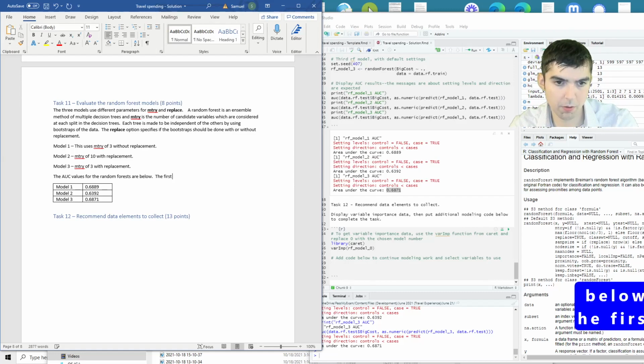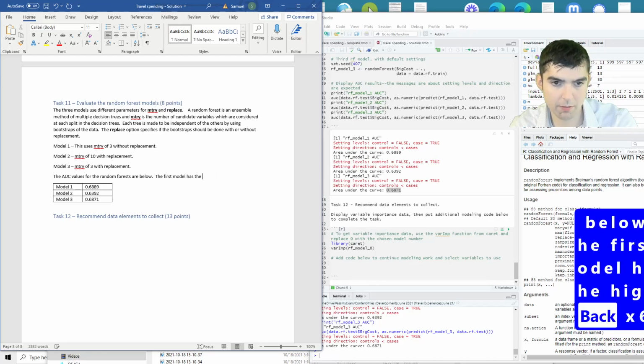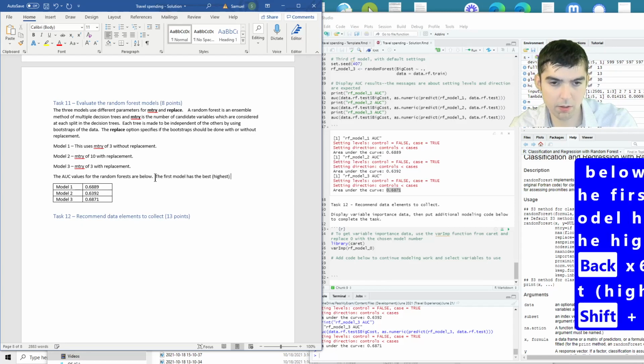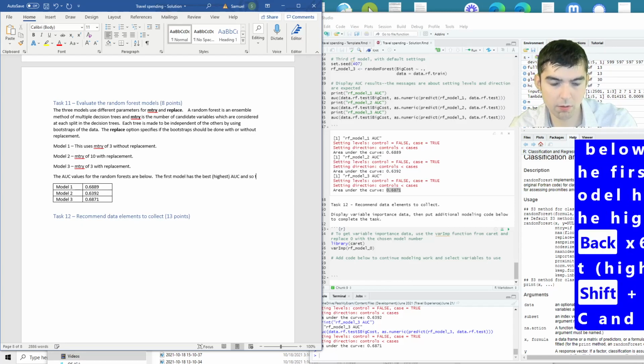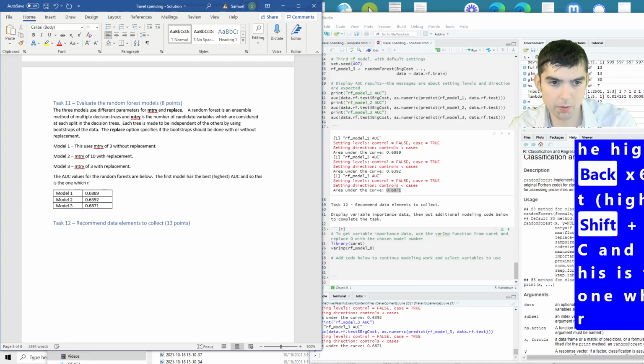The first model has the highest, the best AUC. So this is the one which we recommend.